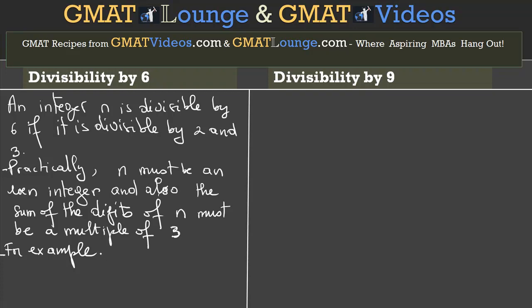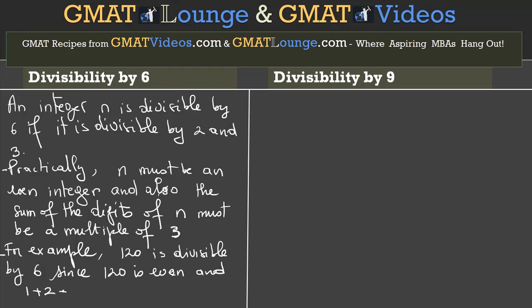120. Let's choose the number 120. 120 is divisible by 6, since 120 is even and 1 plus 2 plus 0, which is equal to 3, is a multiple of 3.